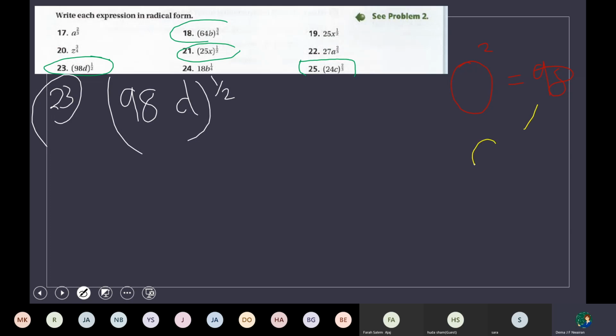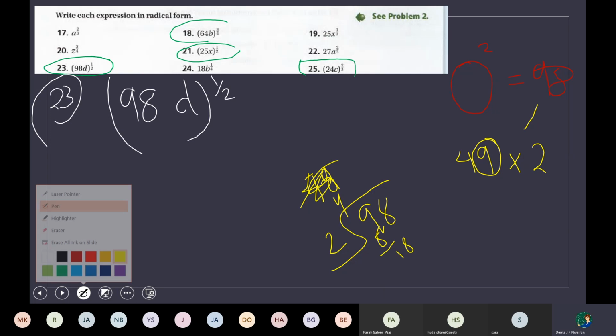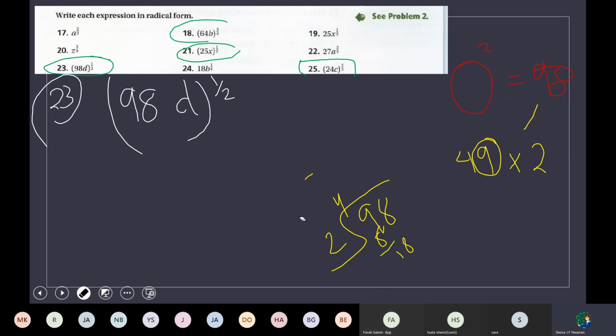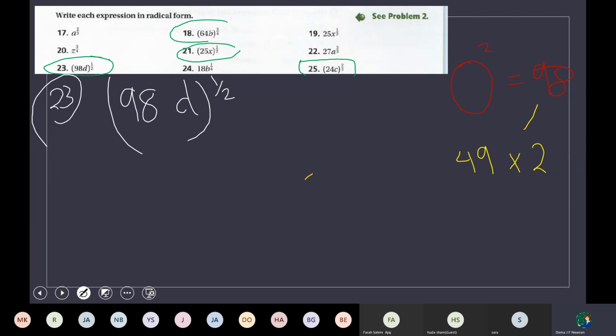Is there a number that multiplied by 2 gives 98? Let's divide it. It is 49. Okay, so 49 multiplied by 2 gives 98.